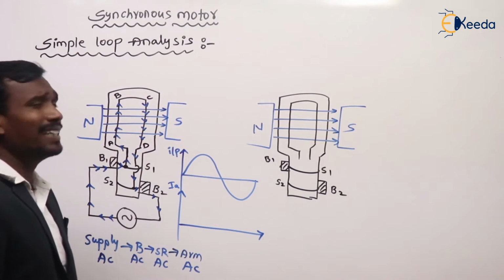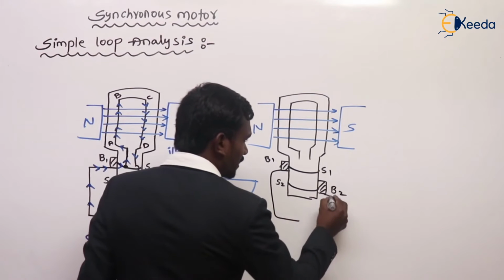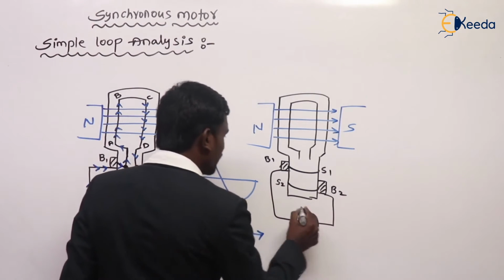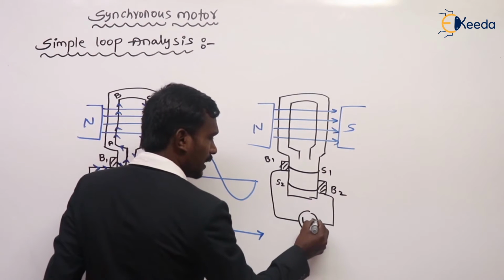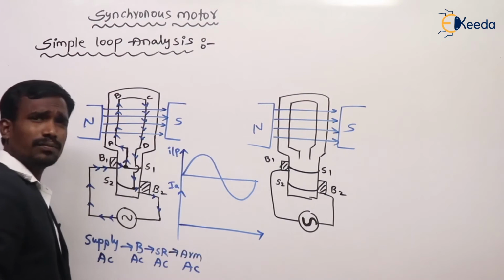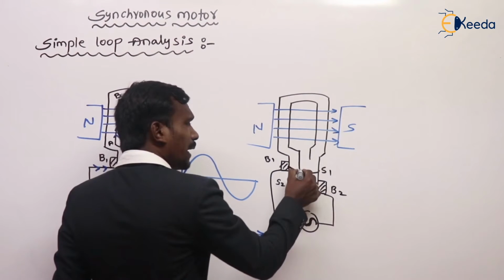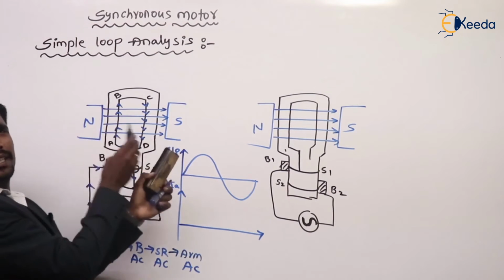After 180 degrees, this is again connected to supply, but this is for the negative half cycle. Here also AB conductor, actually these conductors are rotating.